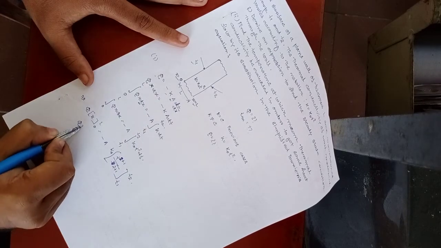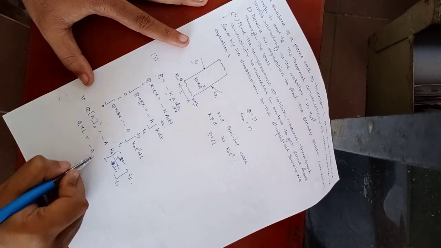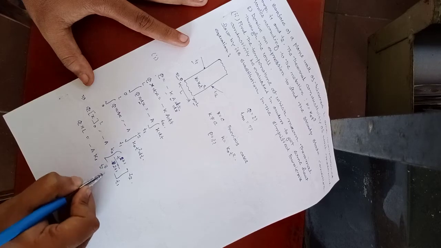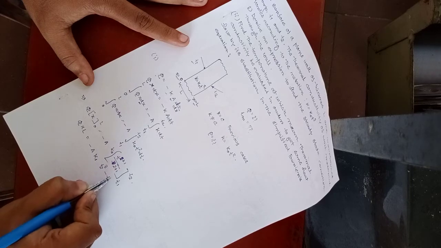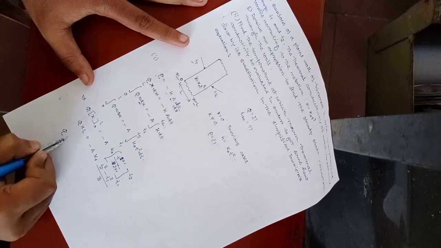So Q into L is equal to minus A K0 into T2 cube minus T1 cube by 3.